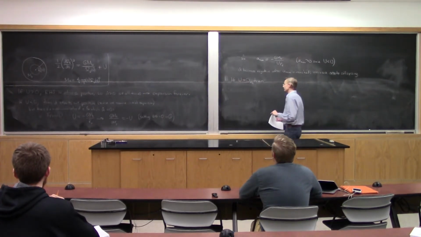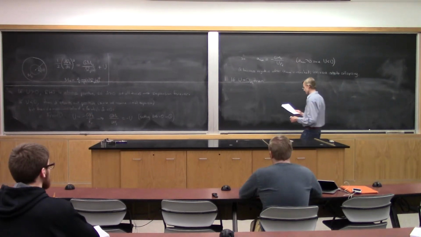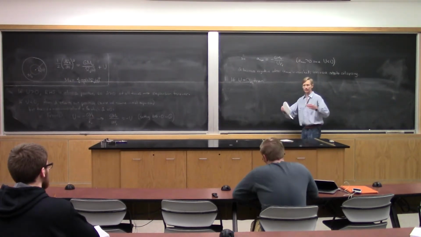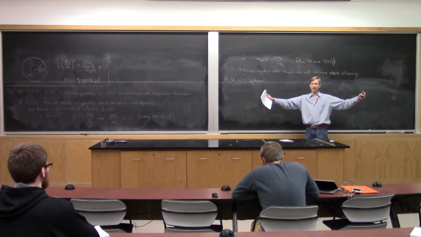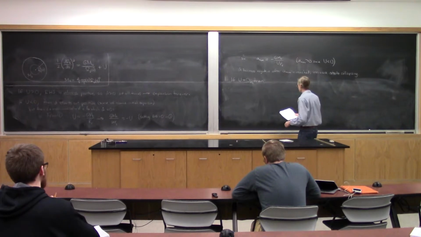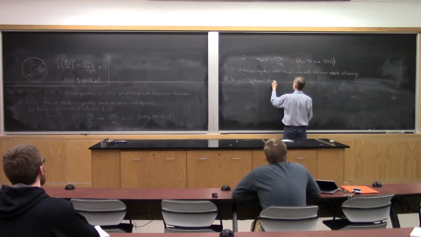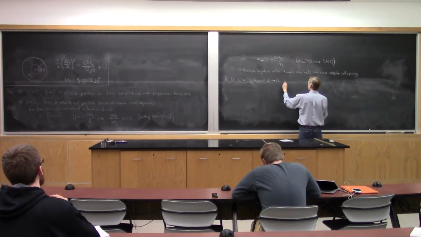And if u is equal to 0, then we would have a situation where it expands forever, and in the limit of infinite time, it comes to a halt. It approaches 0 speed of expansion as t goes to infinity. A dot approaches 0.